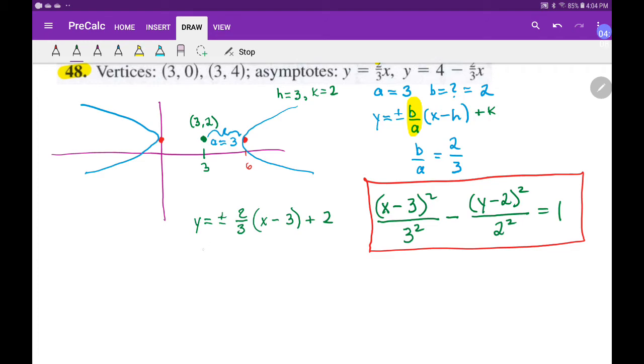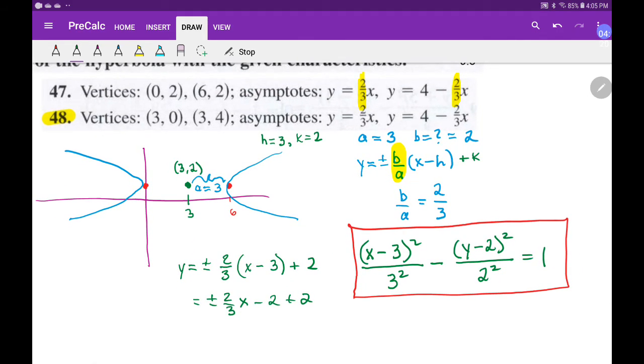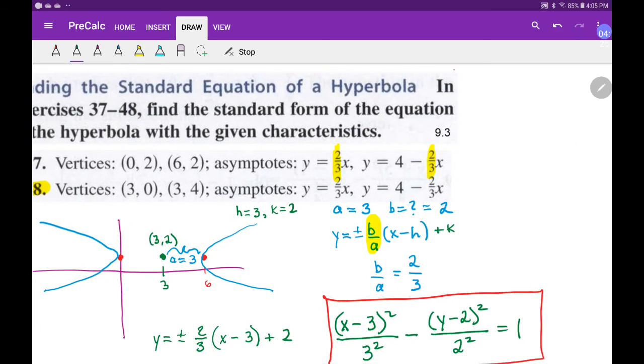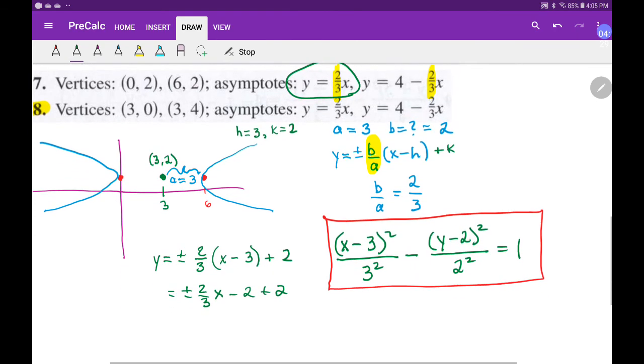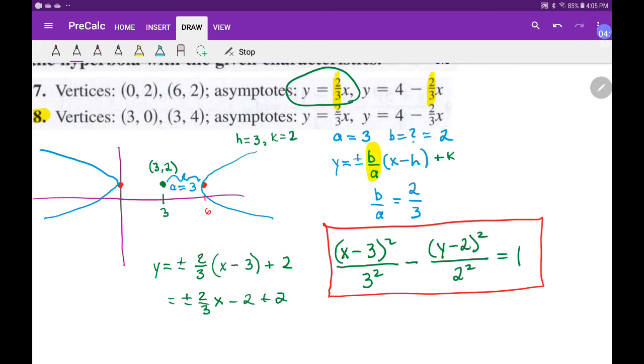And we'd say, oh yeah, plus or minus 2/3 x, and then minus 2 plus 2. I'm obviously trying the one with the positive first, and that's this one right up here, because the 2's cancel, all right.